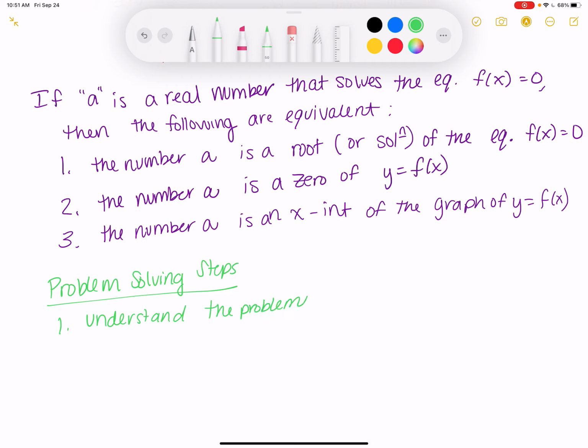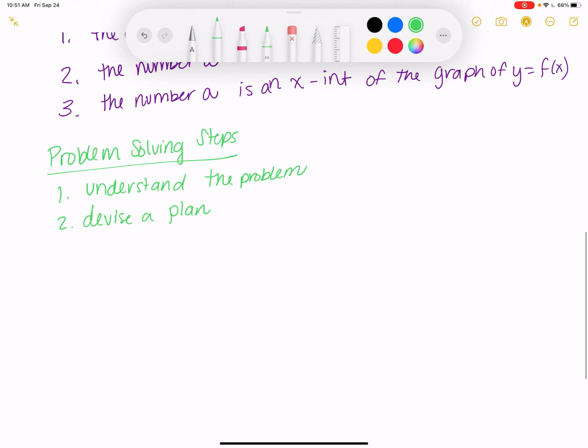Okay, so if you haven't figured it out, this is going to have word problems in it. 2, devise a plan. 3, carry out a plan. And 4, look back. Okay, make sure it makes sense.